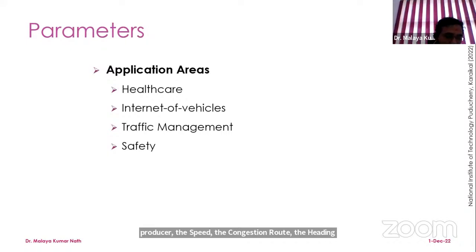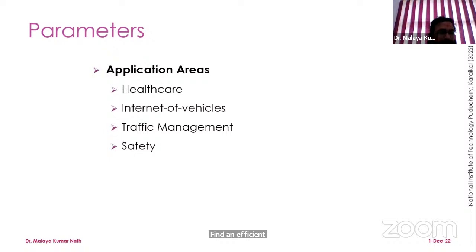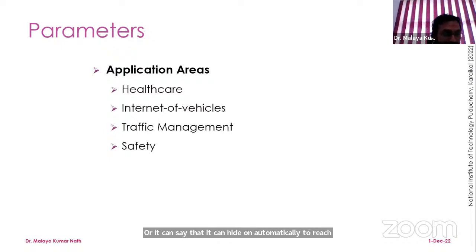So this can help you to find an efficient route, or we can say an optimal route, to reach the destination. So in Internet of Vehicles, vehicle-to-device communication, or vehicle-to-instrument communication, enables the vehicle to share the captured data with roadside units, such as RFID readers or cameras or lane markers and street lights, for improving public safety, efficiency, as well as convenience.